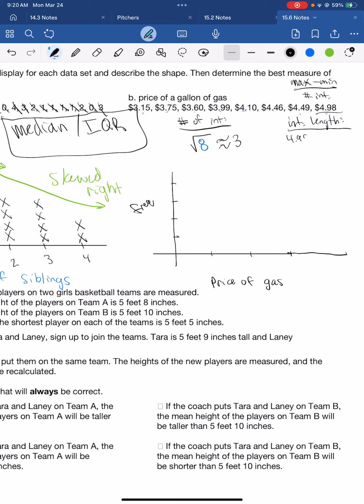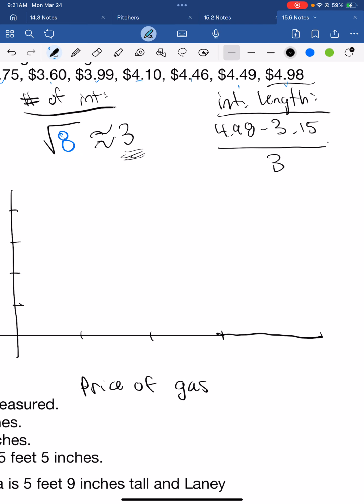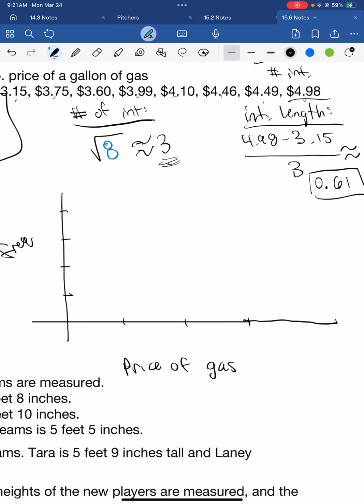So 4.98 minus our minimum, which looks like 3.15 over, and then this is where this number right here comes in, the number of intervals. So if I was to type this in my calculator, I would get that the interval length is approximately 0.61. All right.